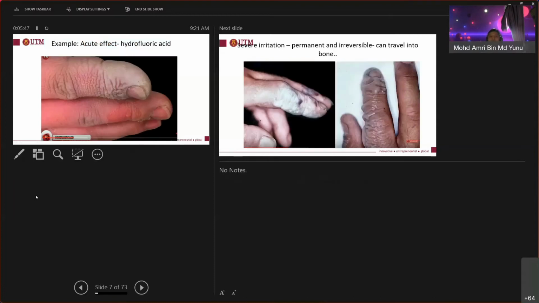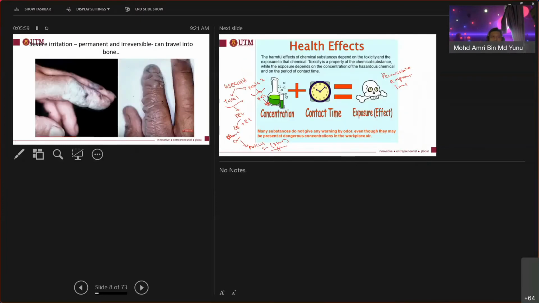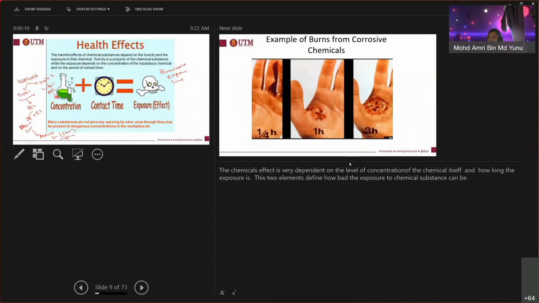So this is an example of an acute effect due to hydrochloric acid. Some can be very severe, permanent and irreversible. It goes inside your bones. So the chemical effect is very dependent on the level or concentration of the chemical itself.